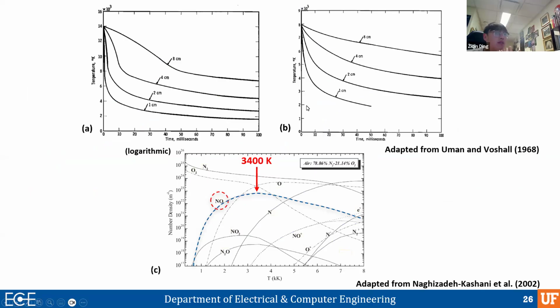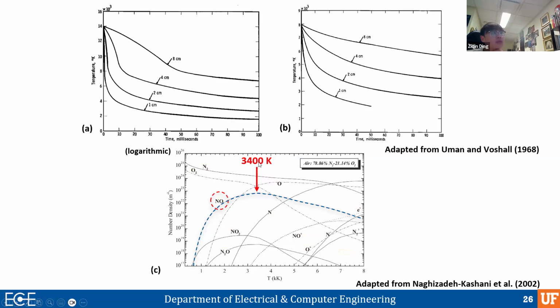They did a simulation analysis of the temperature and the radius of the return stroke channel and how it cools down with time. They found that the lightning channel will take around tenths of a millisecond to decay to a temperature of 3400 Kelvin.